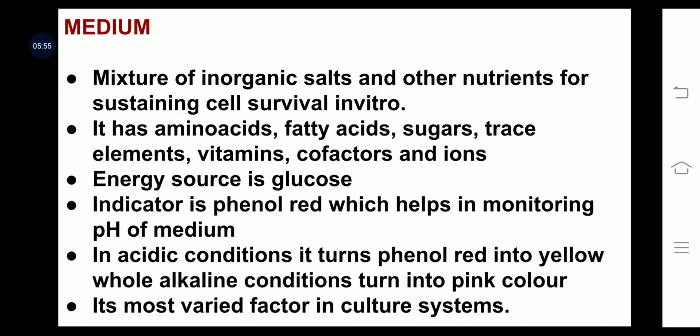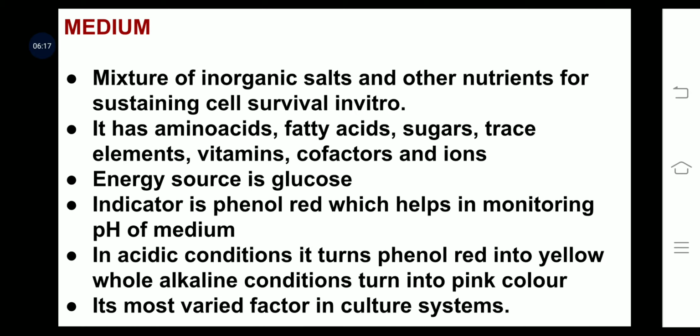Coming to medium. Medium is a mixture of inorganic salts and other nutrients for sustaining the cell survival in vitro. It has amino acids, fatty acids, sugars, trace elements, vitamins, cofactors and ions. Energy source is glucose.